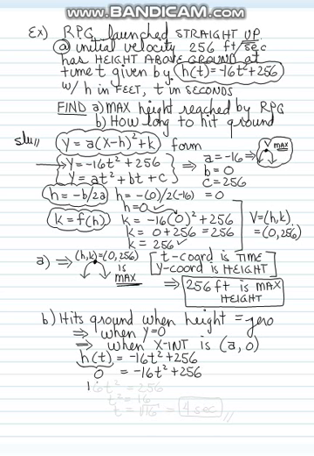Okay, let's move the 16t squared over to this side. Divide both sides by 16. 256 divided by 16 is 16. Now we take plus or minus the square root, but time is only positive, so we'll take the positive square root, and that equals 4 seconds. That is the time after it's launched that it will hit the ground.